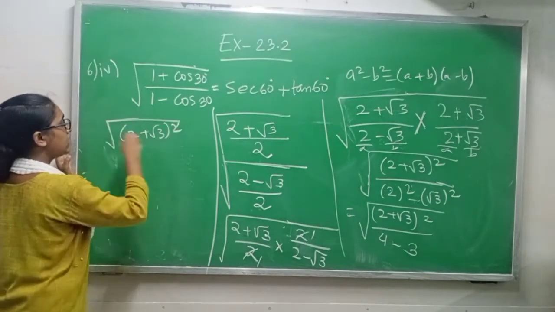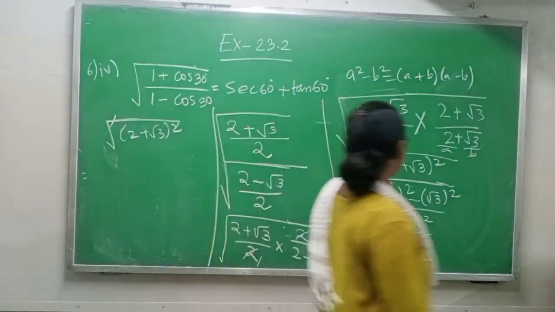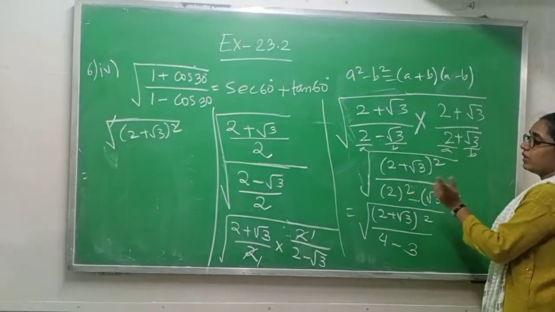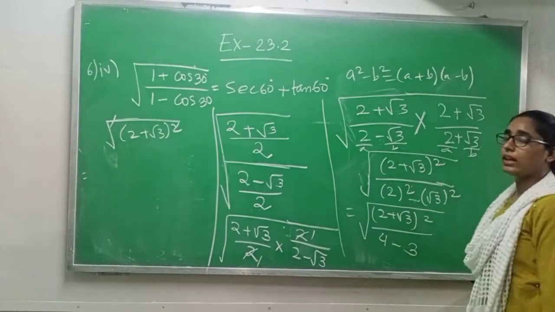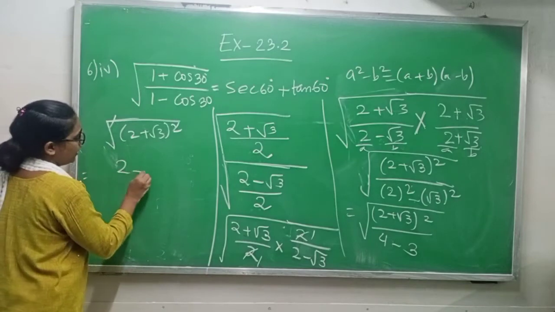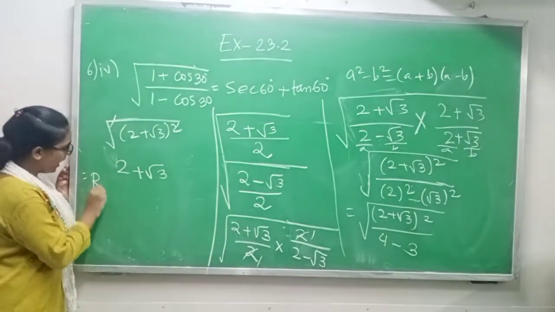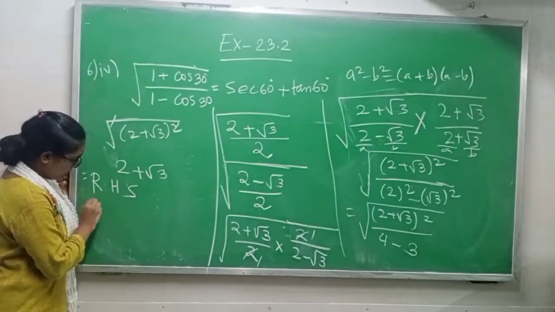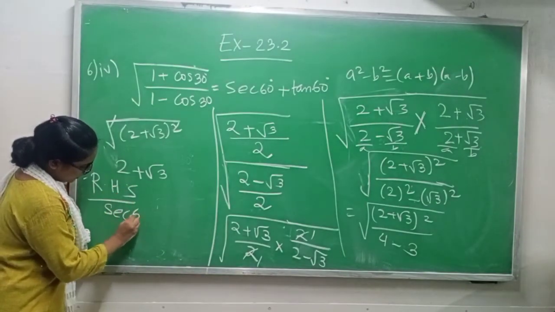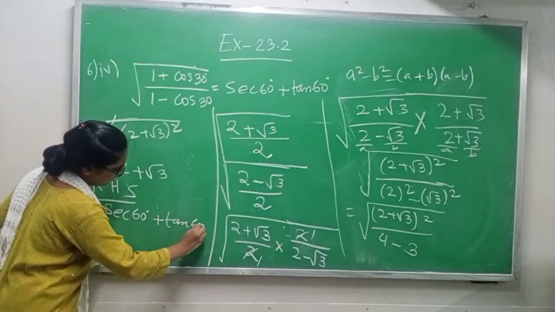Now you can cancel this square and this root. In this one you can't cancel because you have something in the denominator. First you will solve this denominator, then you can remove square and root. Otherwise you will not. So you are getting 2 plus root 3 in LHS. Now in RHS what do you have? Sec 60 degree plus tan 60 degree.